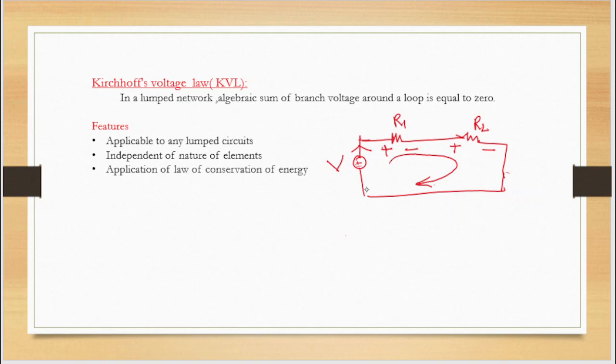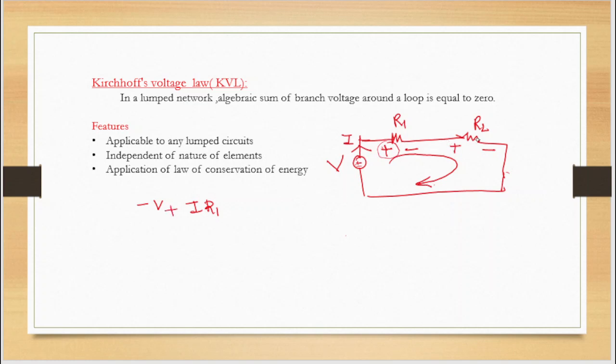While writing the voltages, going through the loop, which sign comes first here? Minus V. Next, the voltage drop across resistance R1, where the current is I, will be IR1 and the sign will be positive.